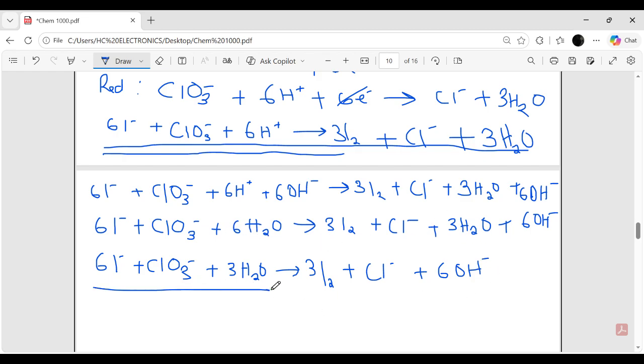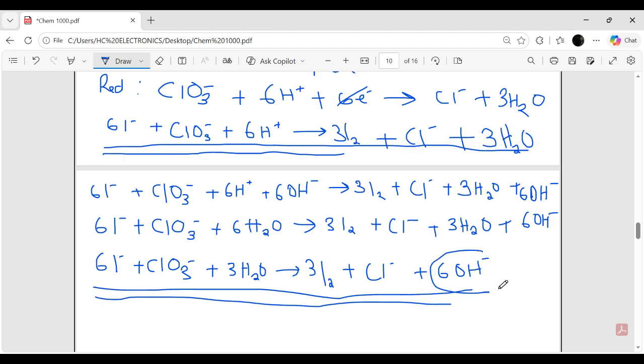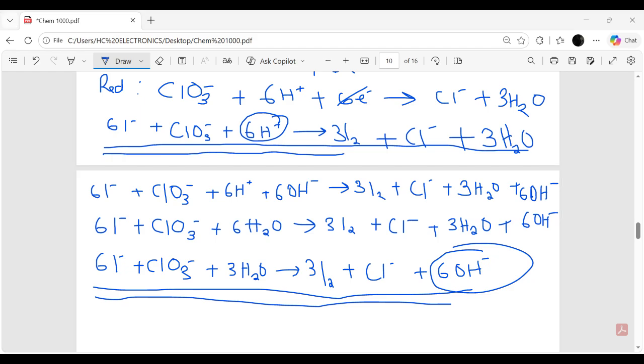When you check this side, it is now in basic medium, because it has the hydroxide. The earlier one was in acidic medium because it had the hydrogen ions. Clear? Okay. So that is how you balance equations. The half cell reaction is easier. It is very, very easy for you.